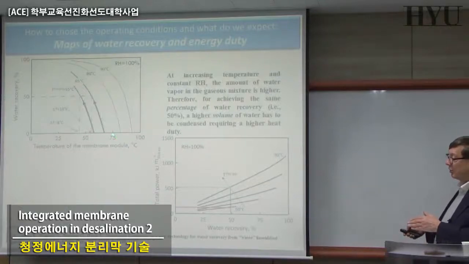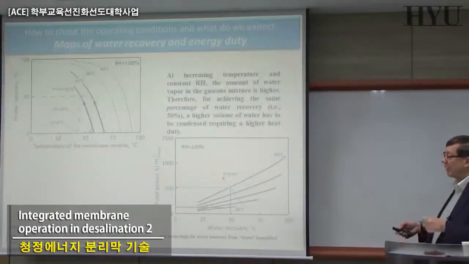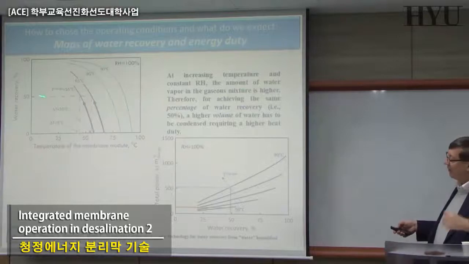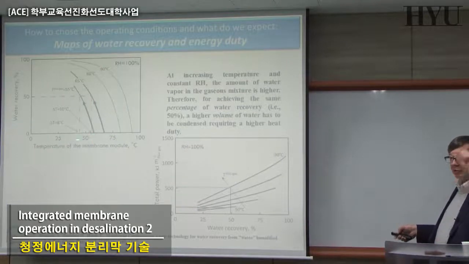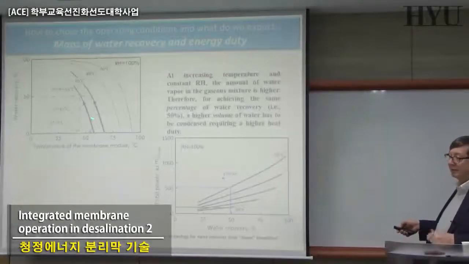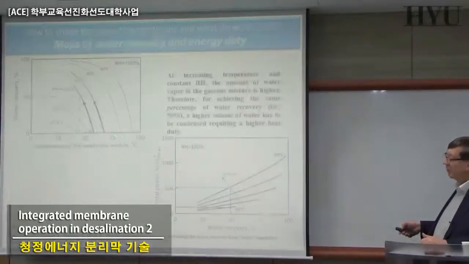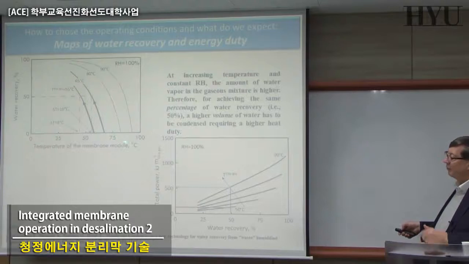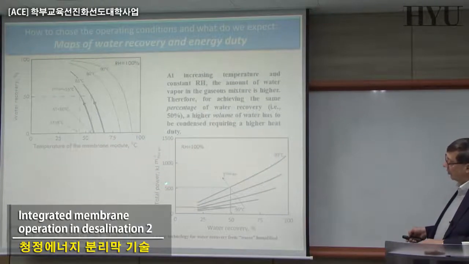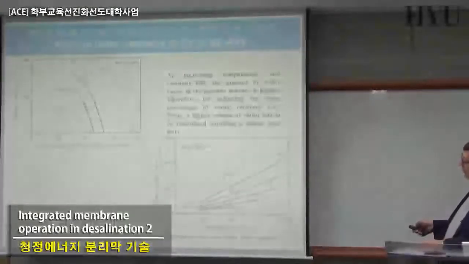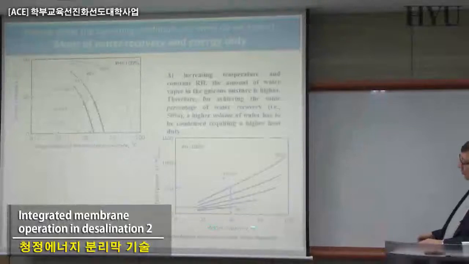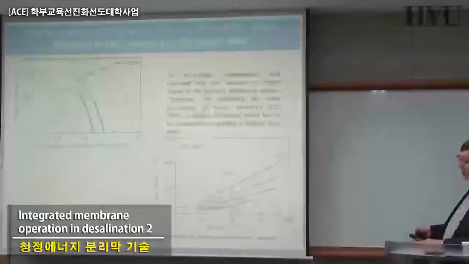This temperature is important because we are coming out at 95 and we have to operate at 50. So you have to cool down, and that is the cost. The real cost is keeping the membrane surface at 50, at 70, compared to the initial one. It is a function of the relative humidity, and you know how much water can be recovered. The total power is a function of the water recovery, and so you can easily calculate it.